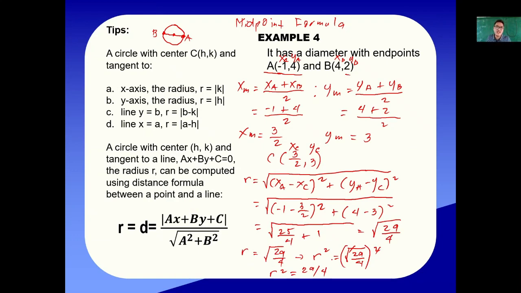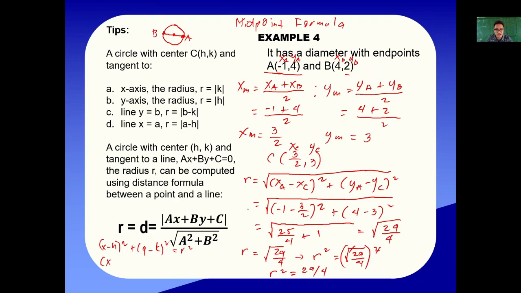Now, i-compute na natin yung standard equation. Para makukuha yun, we have (x - h)^2 + (y - k)^2 = r^2. What is our h?